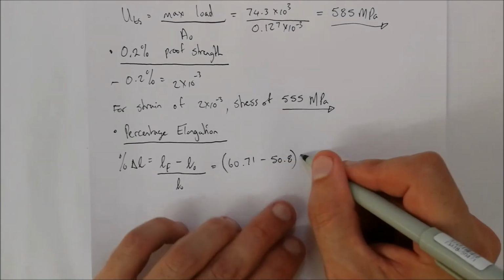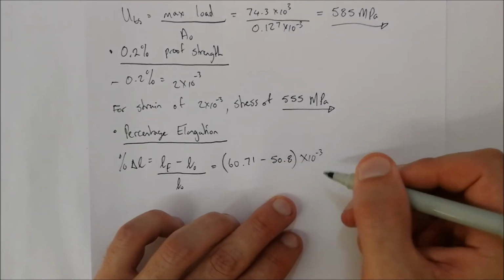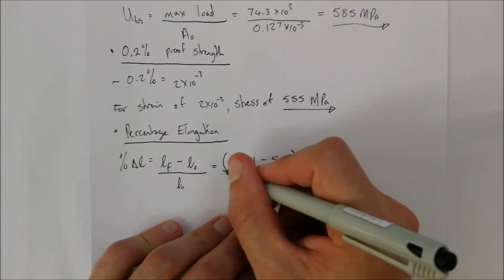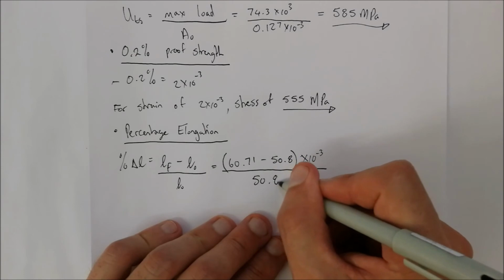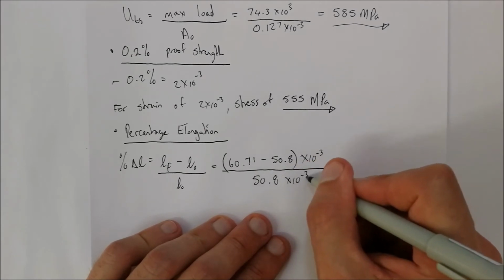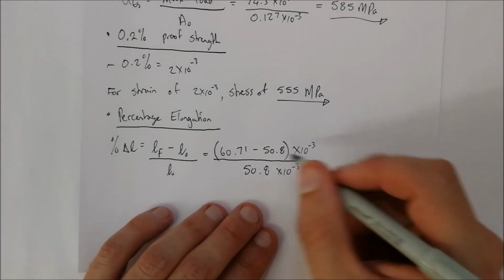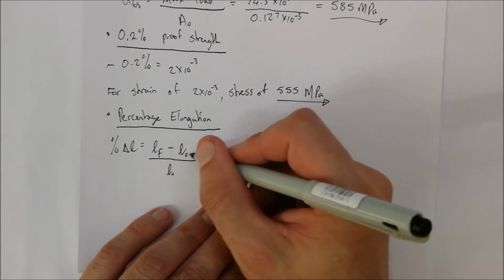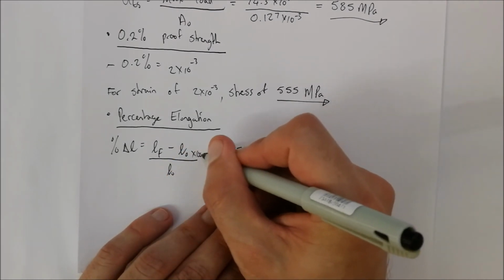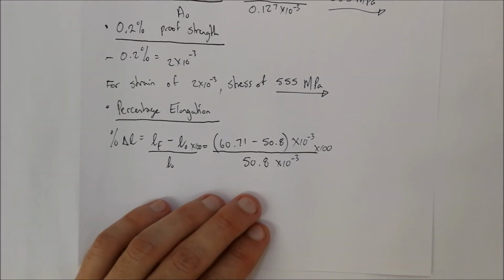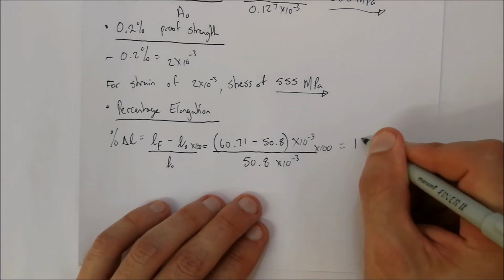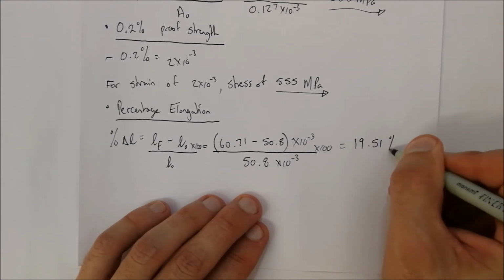Again, all of this is times 10 to the minus 3 because it's in millimeters. And then we divide that by 50.8 times 10 to the minus 3 meters. And we've got to multiply it by 100. Remember that's that over there times 100. And we get an answer of 19.51%.